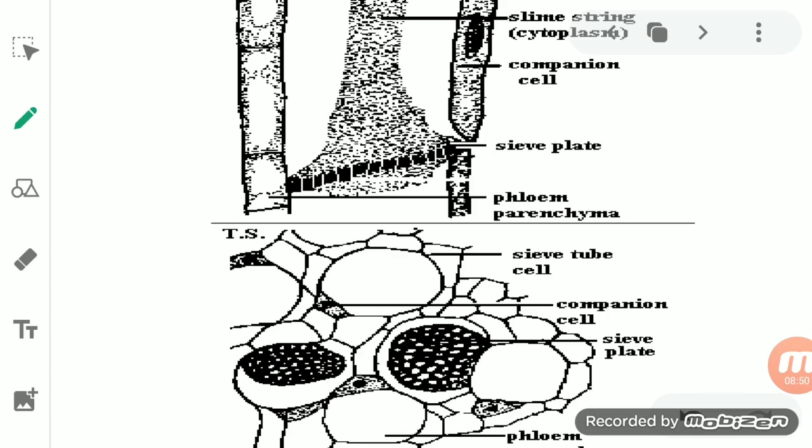Like in the case of xylem, we studied that there were two types, protoxylem and metaxylem. Same here, protophloem is there and metaphloem is there. Protophloem is that phloem which is formed first, while the metaphloem, students, is that part of the phloem which is formed later.